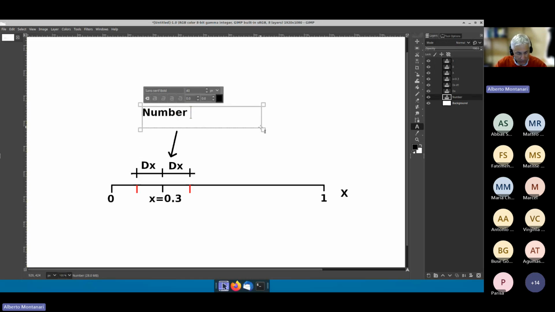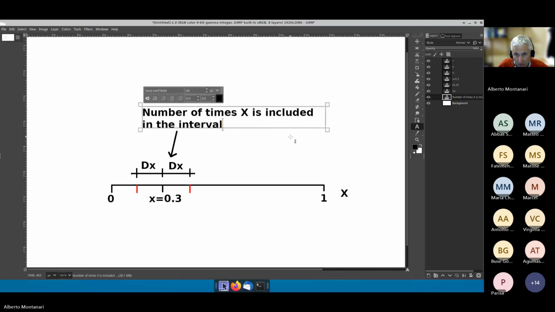I can count the number of times x is included in the interval. Just 1 second, I make it visible. And therefore I can count the frequency x is included in the interval.